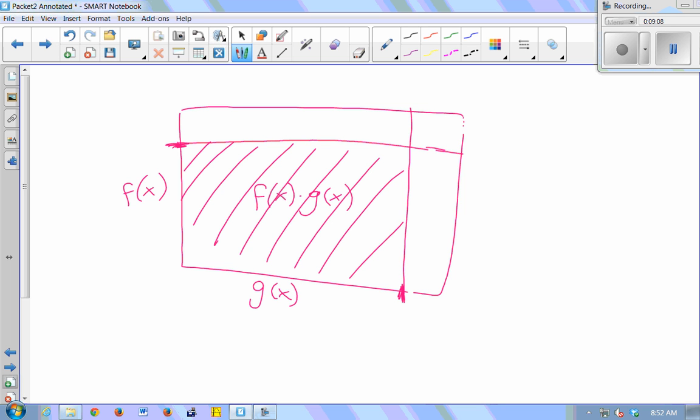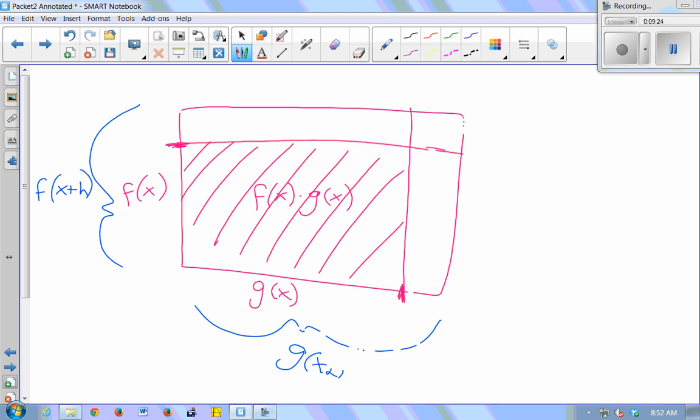Now I'm going to extend this line f of x, and let that represent f of x plus h. And then this line down here I'm going to extend, and that's going to be g of x plus h, which means the whole area of the big thing is f of x plus h times g of x plus h.